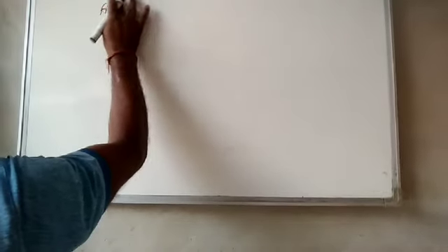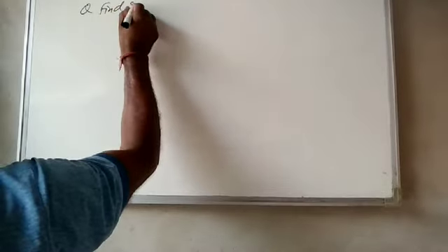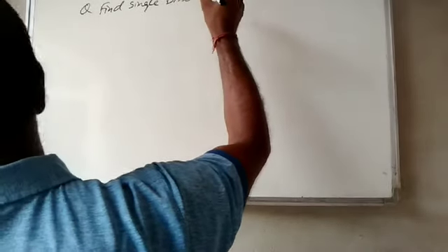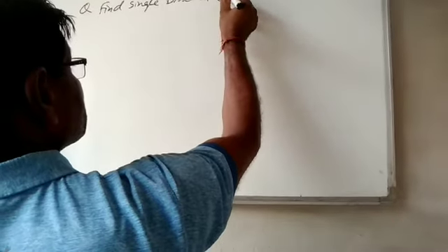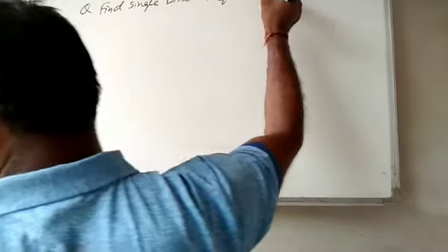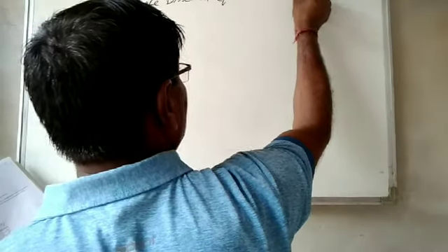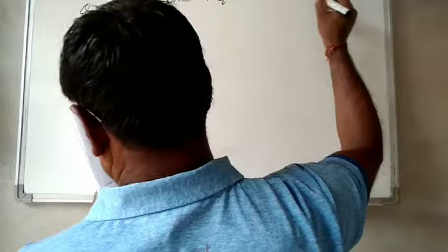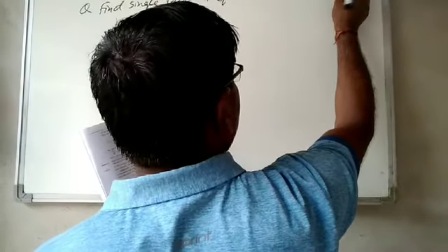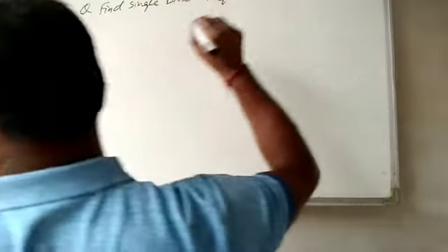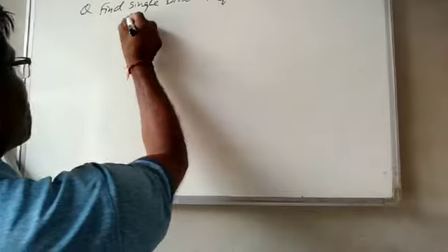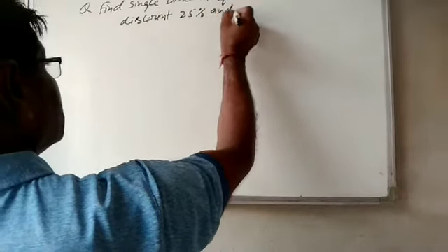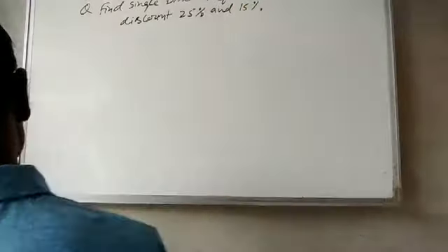Find the single discount. Question: find the single discount equivalent to two successive discounts (25% and 15%).